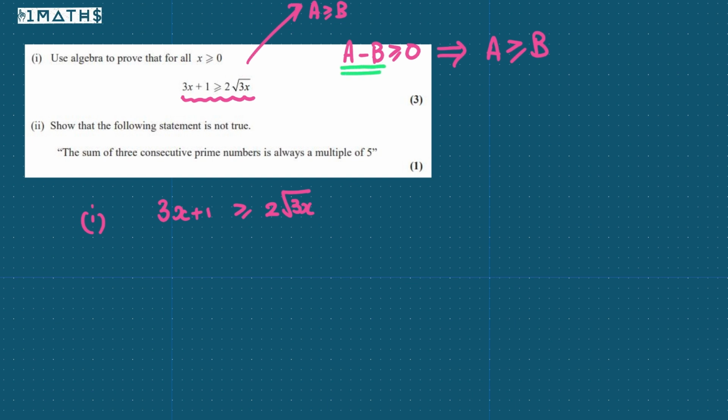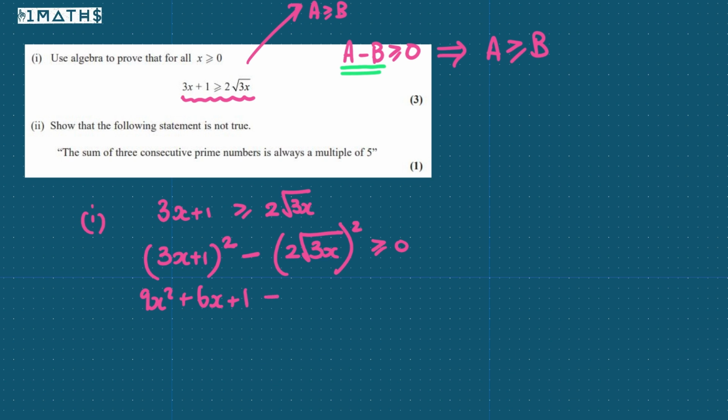So remember, I want to end up with something which is always greater or equal to 0. So essentially, I want to end up with a square number. In order for that to happen, it's going to be useful to square both sides. And I'm going to subtract my right-hand side squared. Then I'm going to simplify this, which will give me 9x squared plus 6x plus 1.